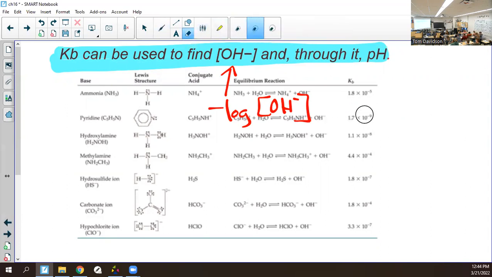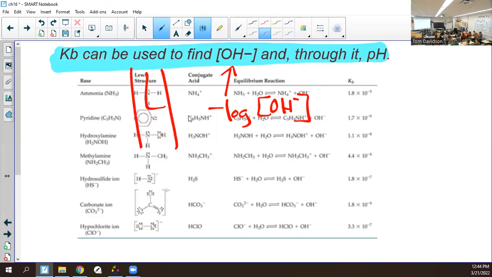I would start with 14 minus, and that equals my pH. It never exists solely for the reason to change it into pH. It's just because in our world, we define things based on pH. We have both scales, but we'll always report one of the two, and we can use the other one to find it.